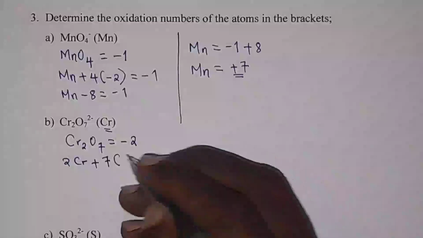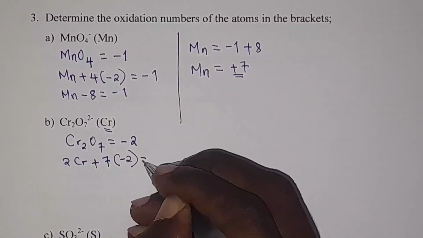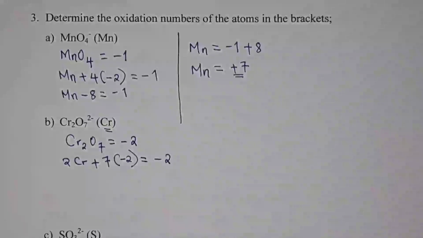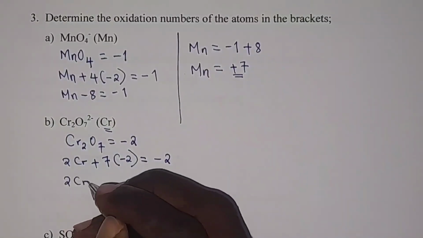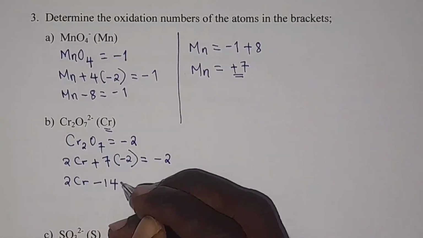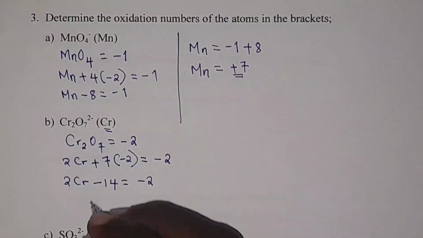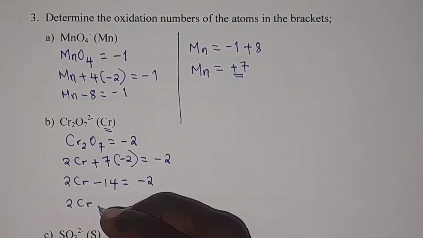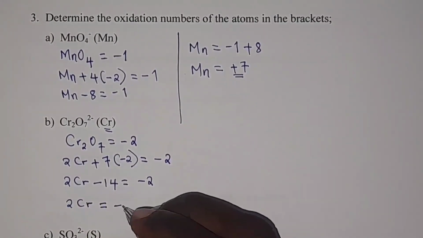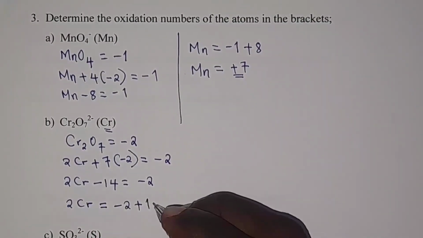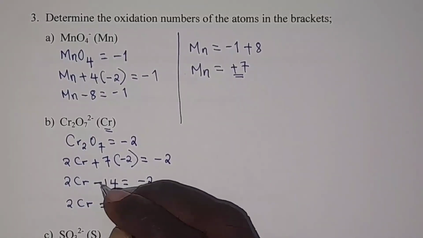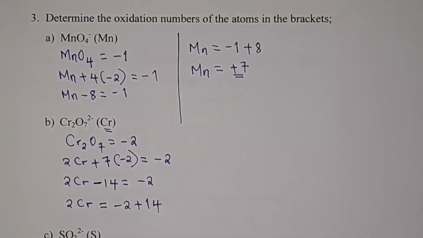What is the oxidation number of oxygen? It's -2. Close the bracket. This will give us -2. So we are going to have 2 Cr minus 14 will be equal to -2. So collect the like terms together. 2 of Cr will be equal to -2 plus 14. We have taken this negative across to the other side.